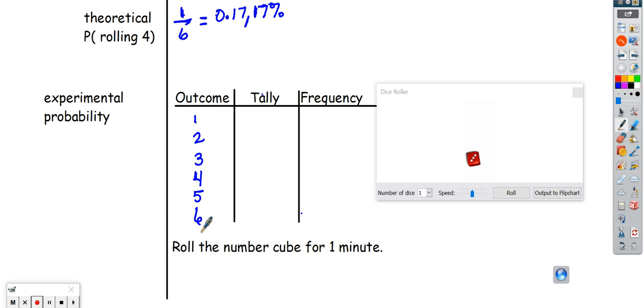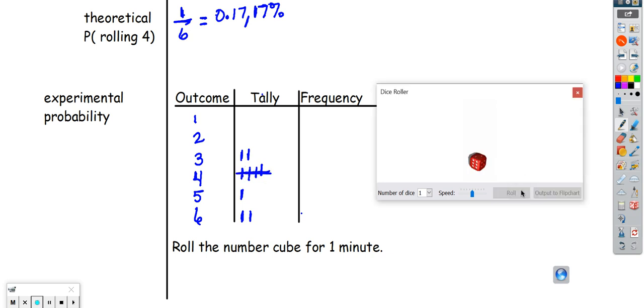Okay, ready? All right, first roll is a 6. I'm going to put a little tally mark on 6. Second roll, oh, a 4, that's what we want. A 6, 4, a 3, a 4, a 3, a 5, 4, 4.